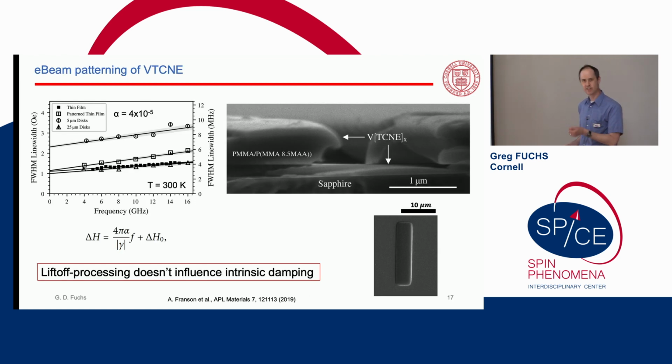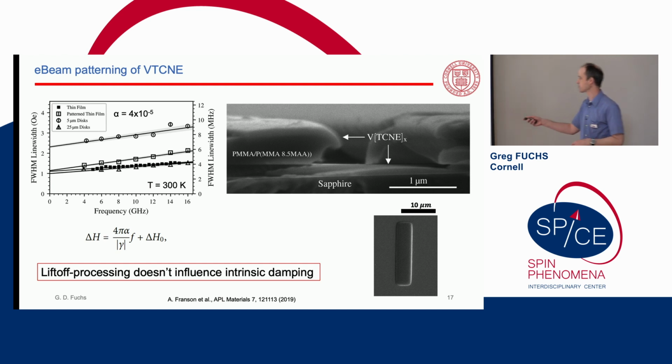And then finally, and this is a key ingredient, Zeke's group showed several years ago that you could actually pattern this material in a lithographic way using simple liftoff techniques and some chemical magic. The idea is that you do e-beam lithography of PMMA, you do the CVD growth through this PMMA template, and then you can choose the right solvent to lift off the PMMA without affecting the VTC&E, and you can get these beautiful microstructures.